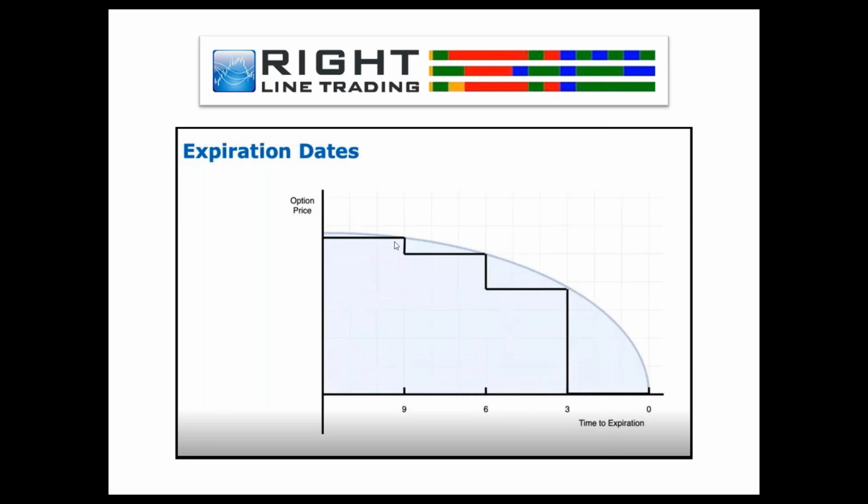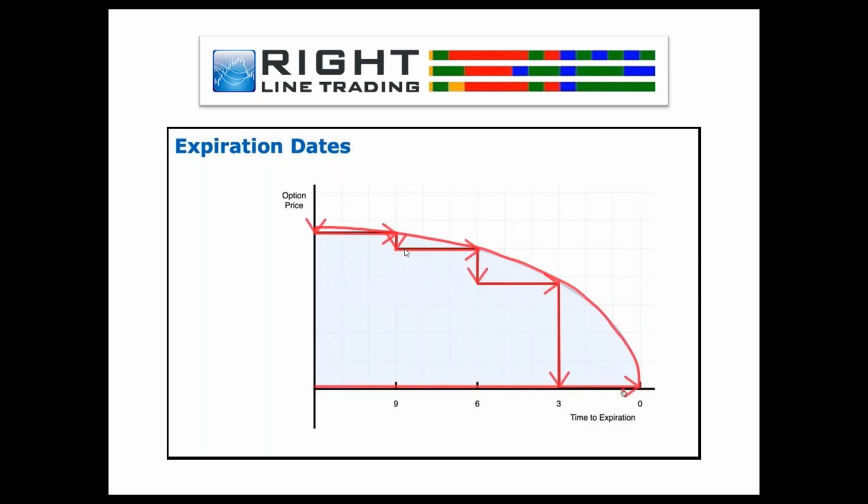If we're looking at an option over the first 3 months, we get a very small amount of time decay in terms of the value of the option. In the second 3 months, we get a much bigger amount of time decay. In the third 3-month interval, we get a tremendous amount of time decay. So remember that time decay is a nonlinear relationship, and that's something that we have to leverage in order to create an optimal option strategy.